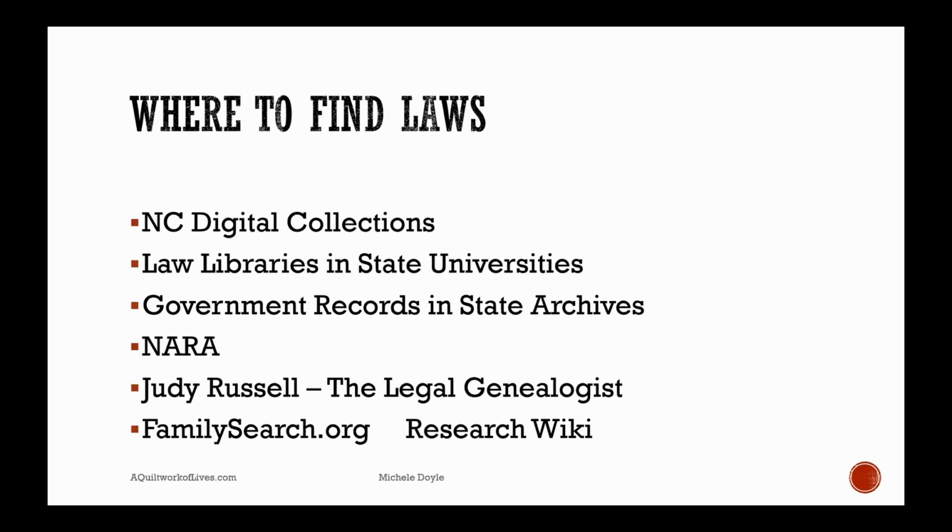Another place to look, of course, is the National Archives. I like to just Google. So I will Google, federal tax law for 1900 or whatever it is. And NARA is one of the things that comes up that will have guides. They'll tell you how to interpret the laws.